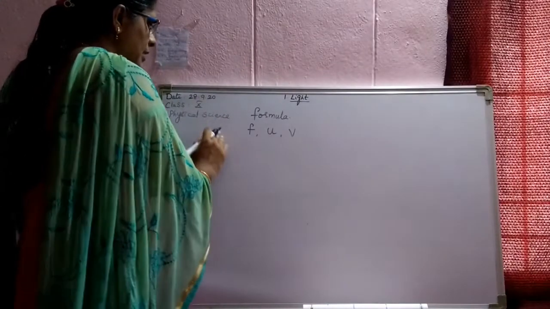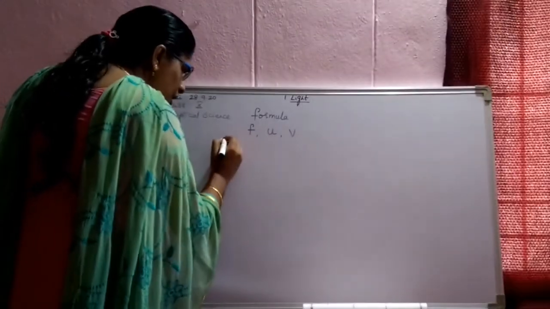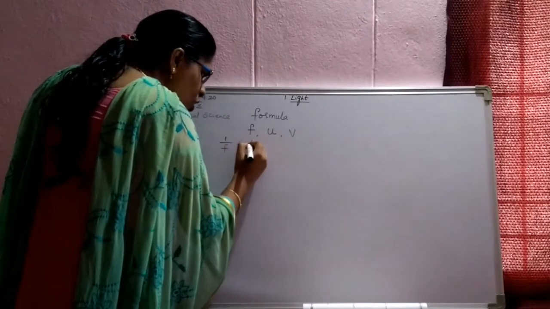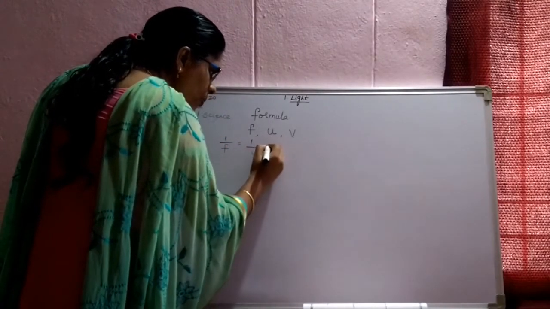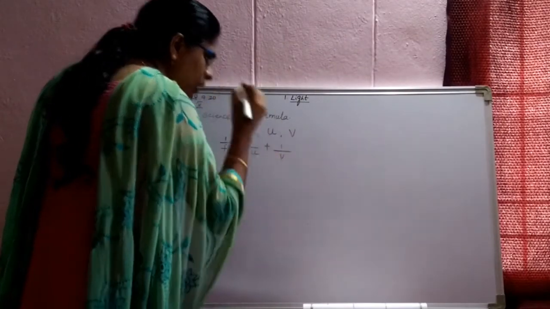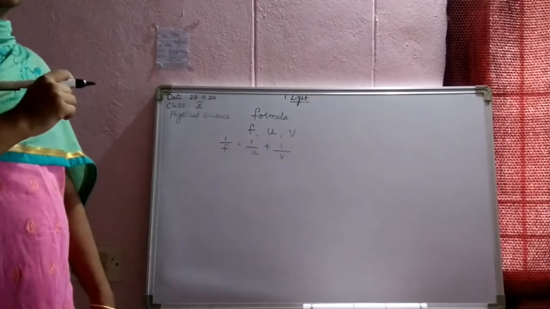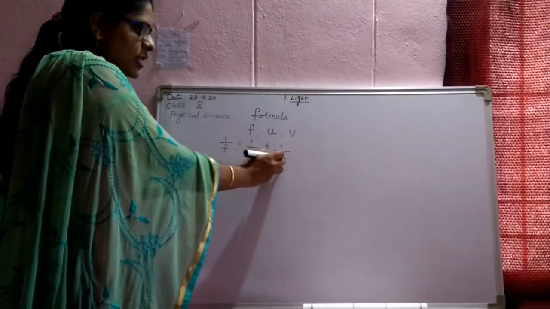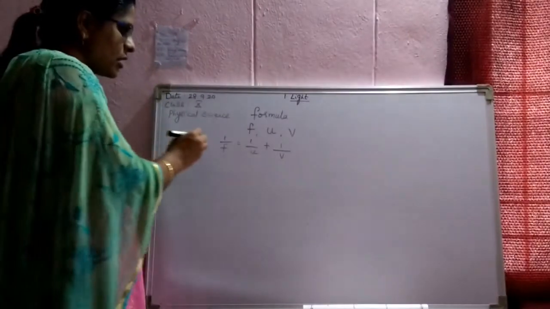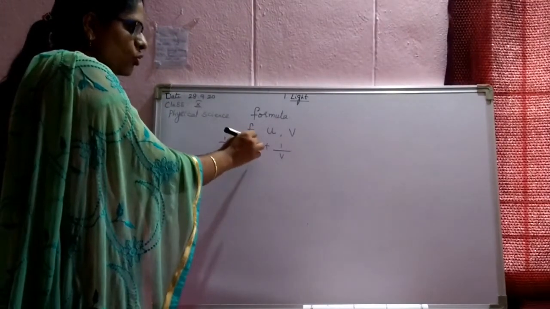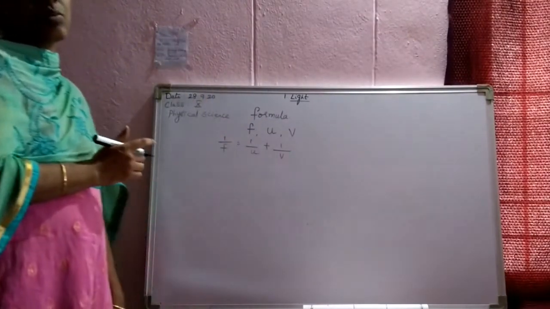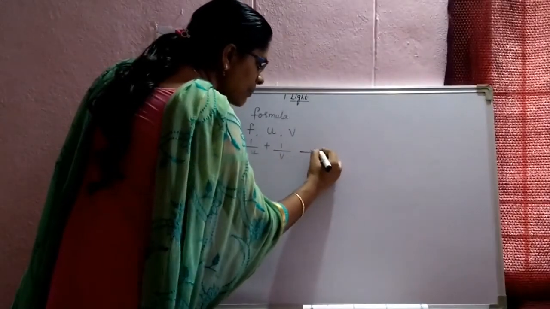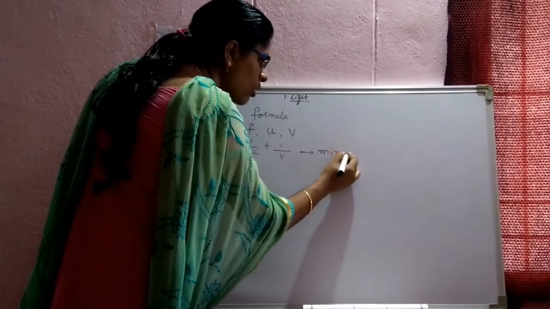The relation is 1 by f equal to 1 by u plus 1 by v. This is also called the mirror formula.